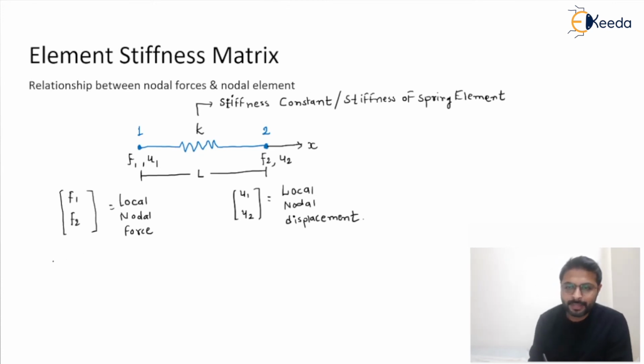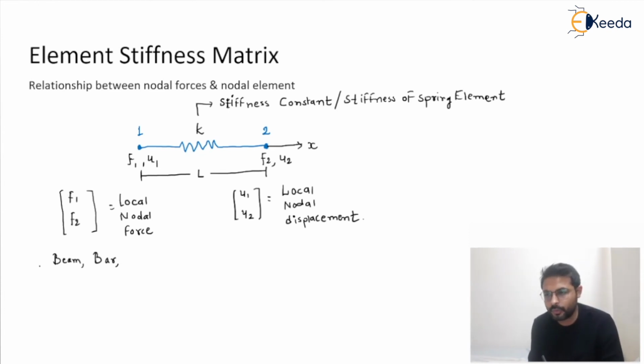Now let's understand different scenarios. If it is a simple structural problem, then it can be considered for a beam or a circular bar cross section. For a beam it can be any cross section area; for a bar it's a circular cross section area.